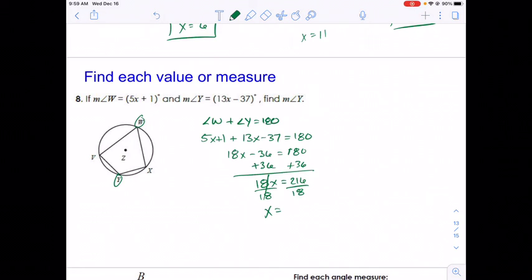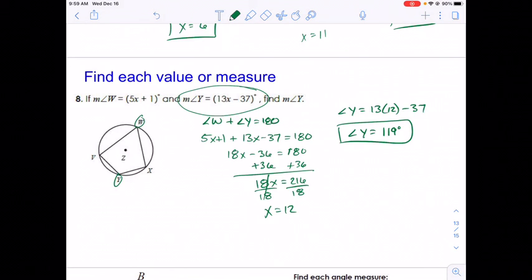And x is going to give me 12. Now we're looking for angle y, so we're going to go to this equation here and plug it back in. So angle y is equal to 13 times 12 minus 37. That is going to give us that angle y is equal to 119 degrees.